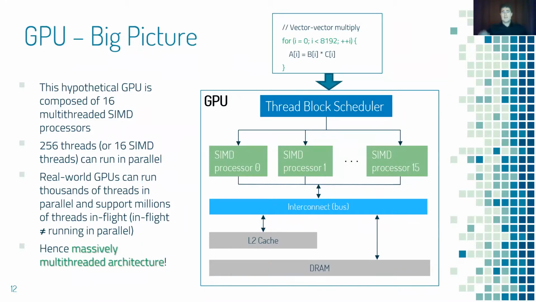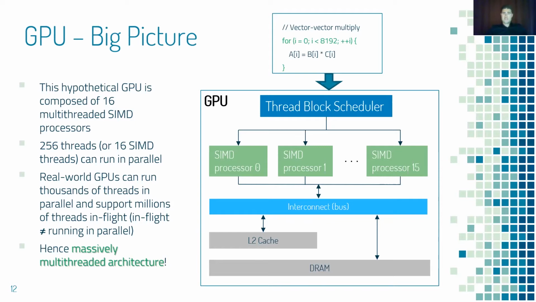Okay, so we are now ready to see a big picture of a GPU. Again, on top of the slide, we have this vector multiply example. It is scheduled to the GPU, where the thread block scheduler will pick those thread blocks and schedule them to be executed on these SIMD processors.